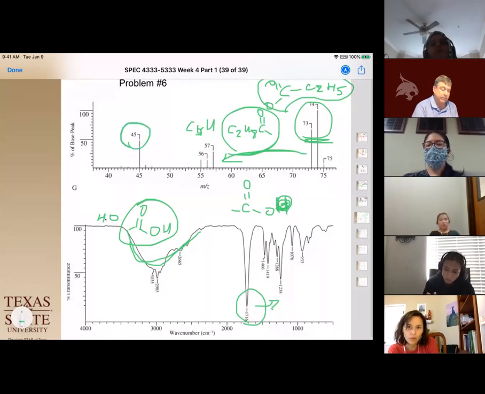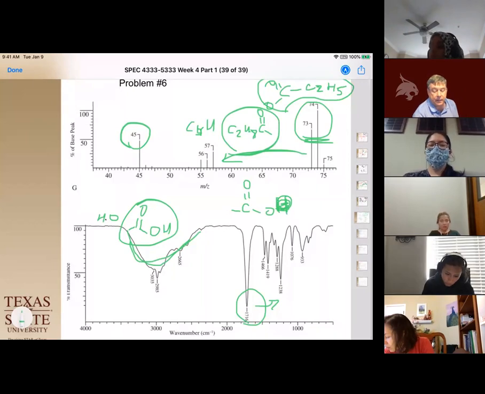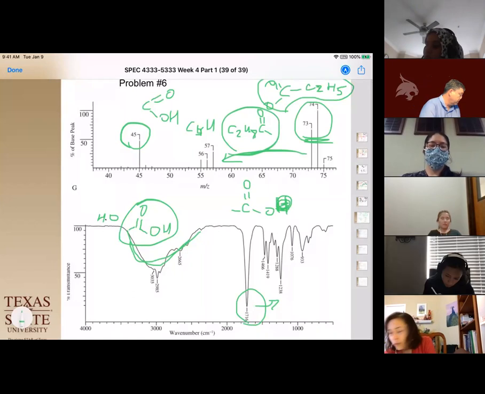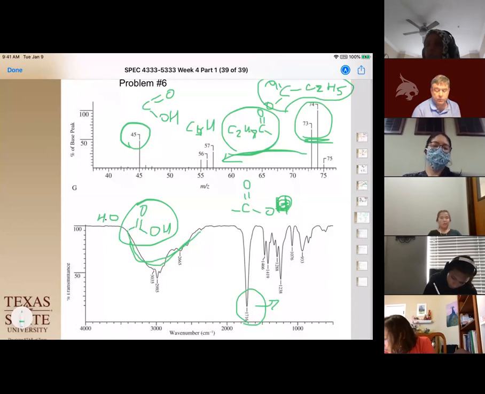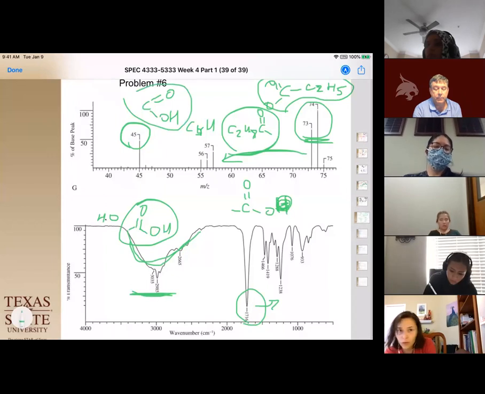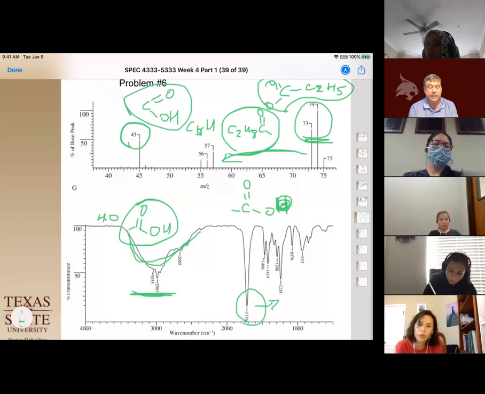And what's 45? Ooh, this is a COOH, or, well, those are alcohols, which we've already eliminated from the IR. So it looks like we have some kind of carboxylic acid.